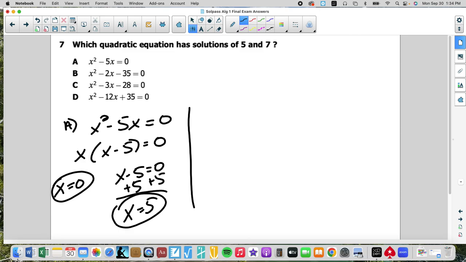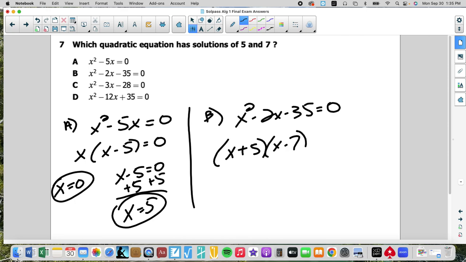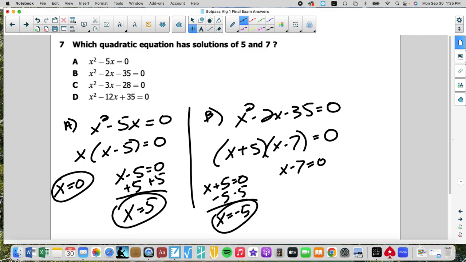If I wanted to solve B, I have x squared minus 2x minus 35 equals 0. I'm going to factor that. Factors of 35 that, when subtracted, equal -2 are going to be x plus 5, x minus 7. And then we'll use the zero property. I'm good enough in factoring that I can do the easy ones in my head.